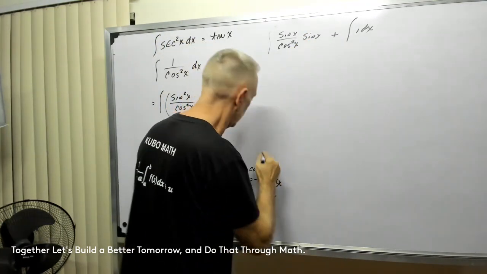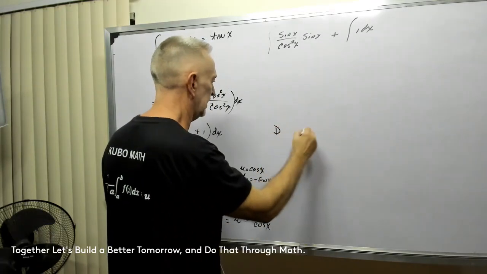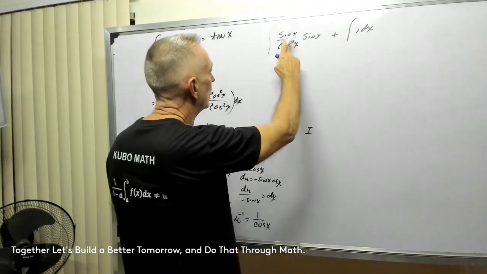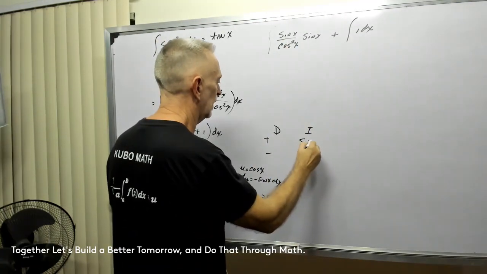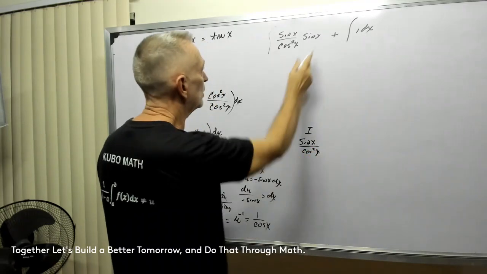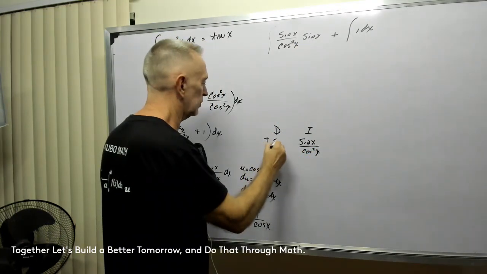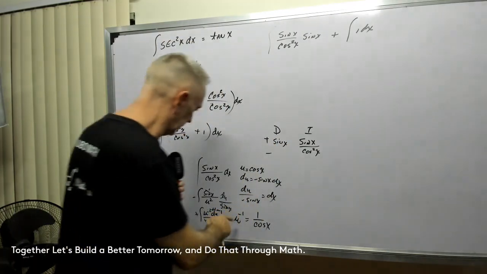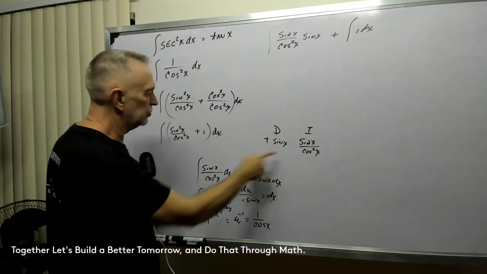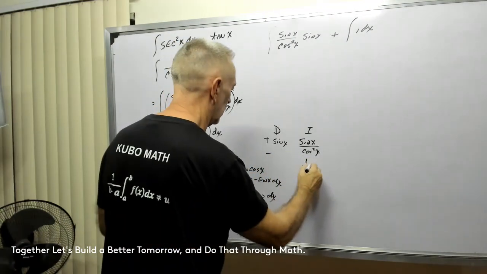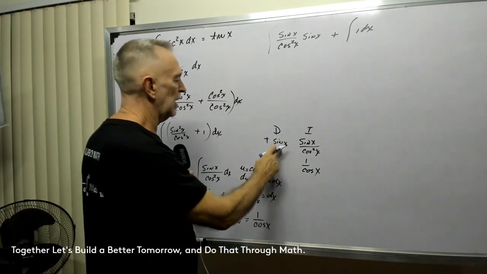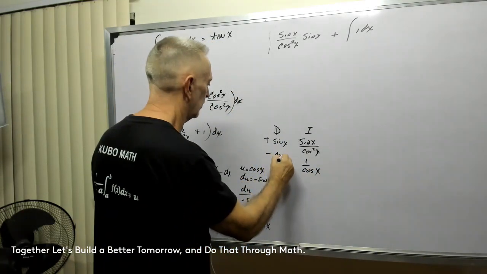So let's try that. We're going to integrate sine x over cosine squared x, and we're going to differentiate sine x. Well, we just integrated sine x over cosine squared x, and that was 1 over cosine x. The derivative of sine x is cosine x.